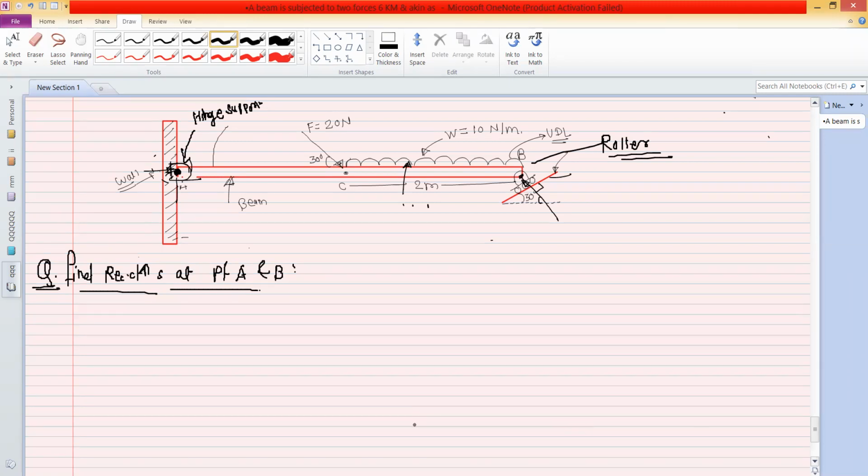As we have already studied, if there is a hinge joint, then it will have two reactions. One is a vertical reaction VA, and the second is the horizontal reaction HA. For the roller support, there will be one reaction which is perpendicular to the surface on which the roller is mounted. So the first step is to draw the free body diagram for the given system.